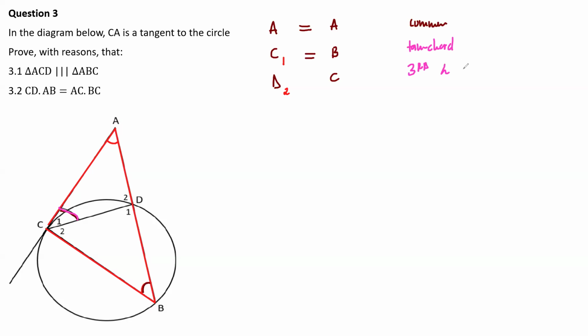Third angle of a triangle. Conclusion: triangle ACD is similar to triangle ABC, or you can say equiangular. All right, perfect.